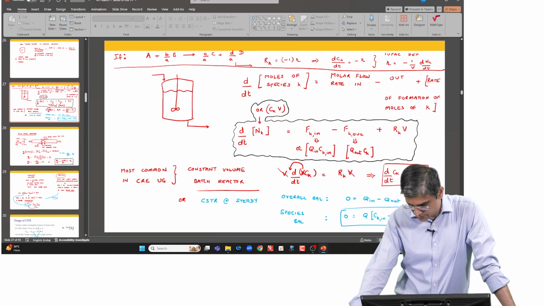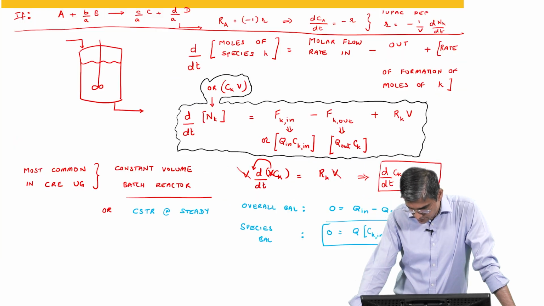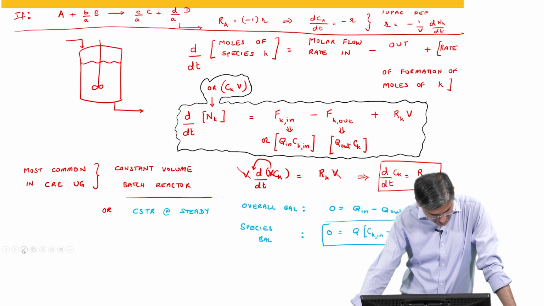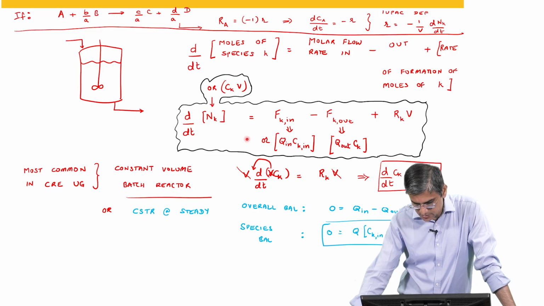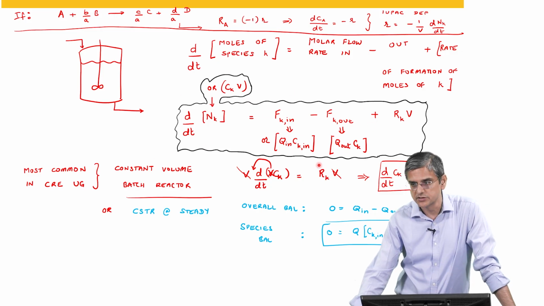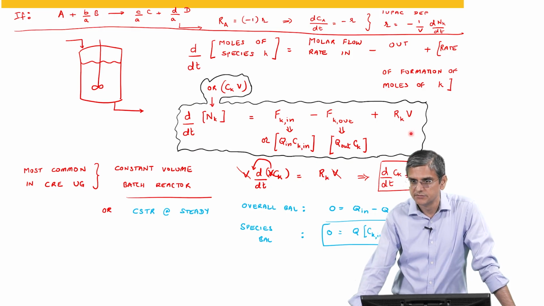In batch reactors, this term is present, these two terms disappear and the reaction term will be there. In a steady state CSTR, this term disappears, these two terms are there, and this term will be there.